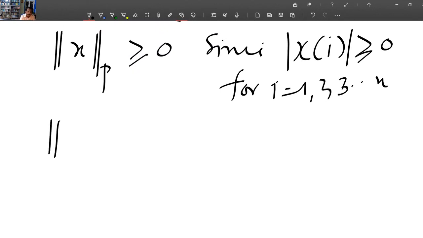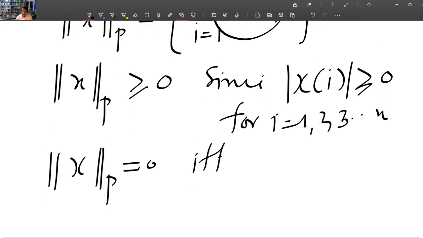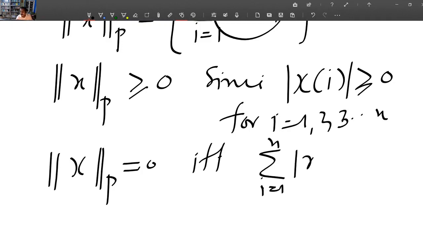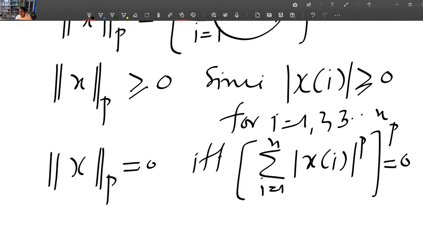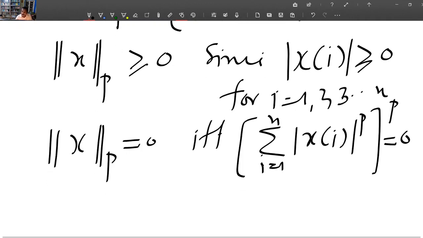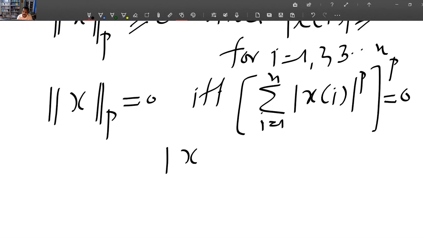Now consider p norm of x equal to 0. The p norm of x is equal to 0 if and only if sigma i equal to 1 to n of modulus of x of i raised to p, the whole raised to 1 by p, is equal to 0. This is equal to 0 if and only if each term modulus of x of i is equal to 0, because you are summing positive terms raised to 1 by p.